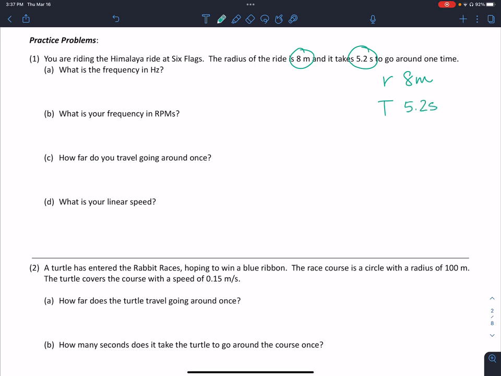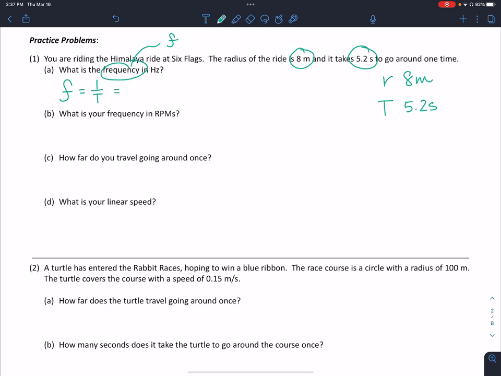The first question is, what is the frequency? Well, remember, frequency is represented by this kind of curvy f, and frequency is equal to 1 over the period. The period is the amount of time it takes to go around one time. The frequency is the number of passes or the portion of the circle that you can cover every second. So it's a per second unit.